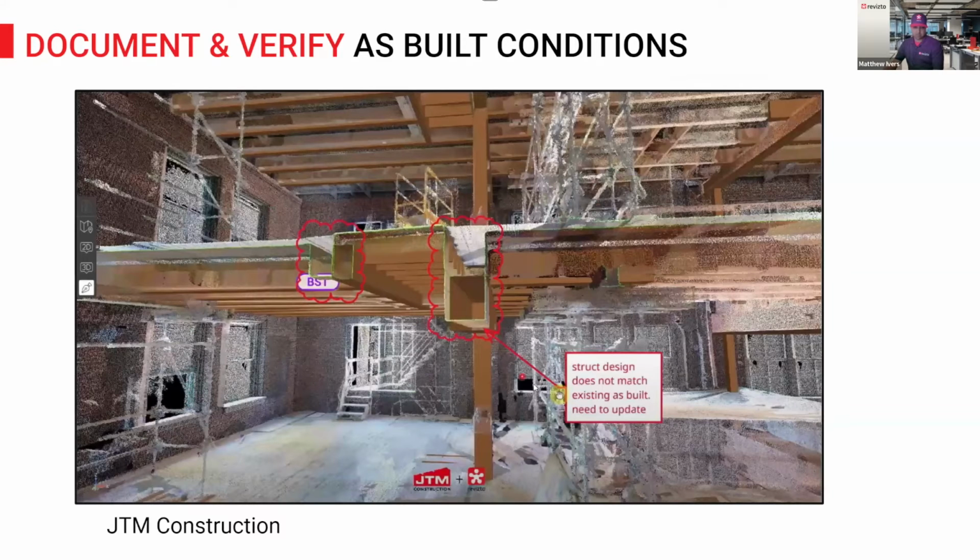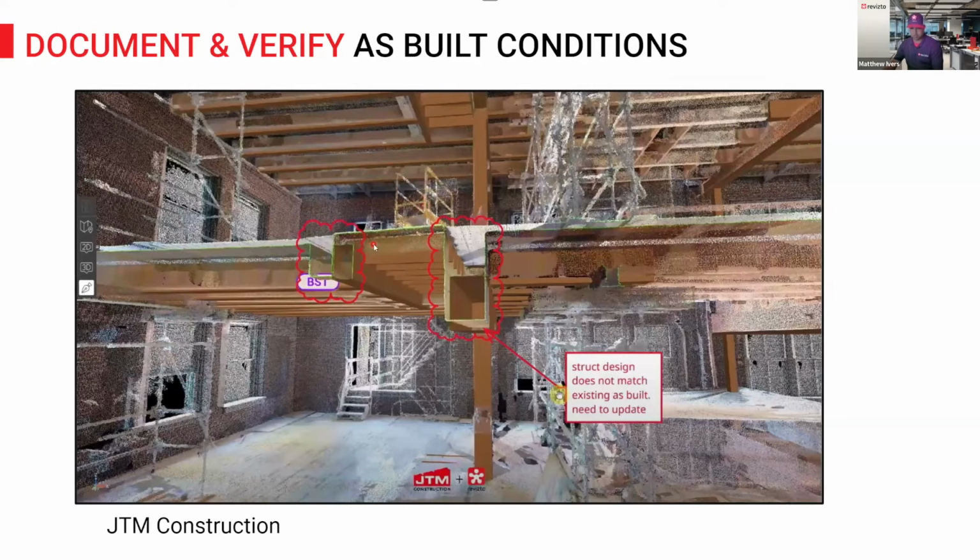One use case you'll often see is verifying existing conditions versus the plan. What you're seeing is the design model compared to the actual existing conditions of a historical hotel, and you can see there are wide discrepancies that were caught early.